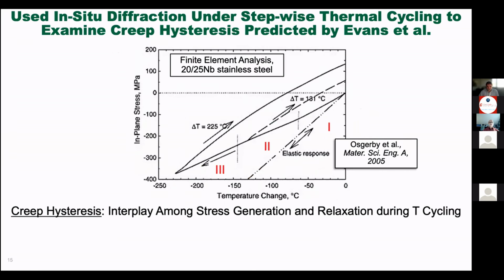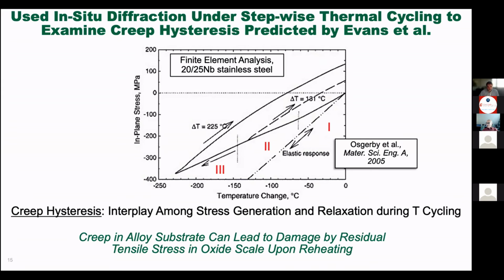The reason we did this was to look at the creep hysteresis predictions of Hugh Evans et al., where by their definition, creep hysteresis is the interplay among stress generation and relaxation during thermal cycling.